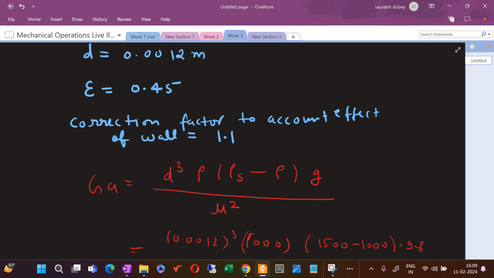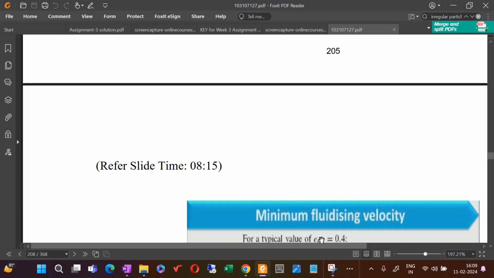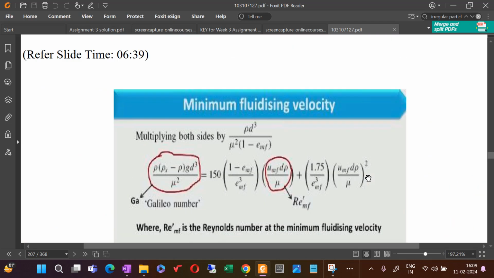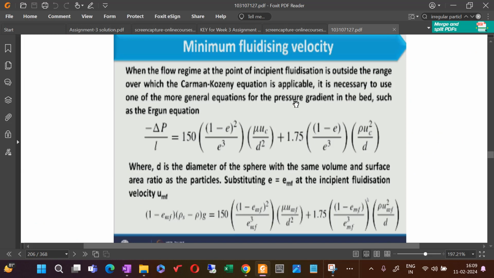let me just tell you about where the discussion came up. As far as you remember, you see this one. This was the, before that you learned about the Carman-Kozeny law.